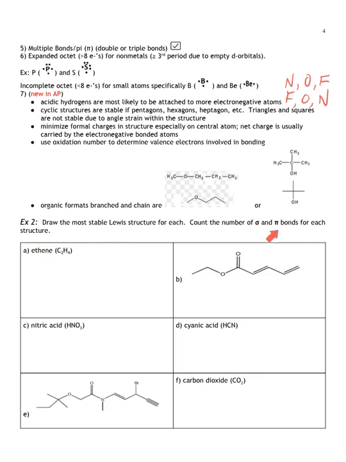I haven't gone over pi's or sigmas yet, but sigmas are your single bonds, and then pi's are your double bonds or triple bonds, okay? We'll practice some, and then you'll get the idea of how to count the pi's and sigmas.